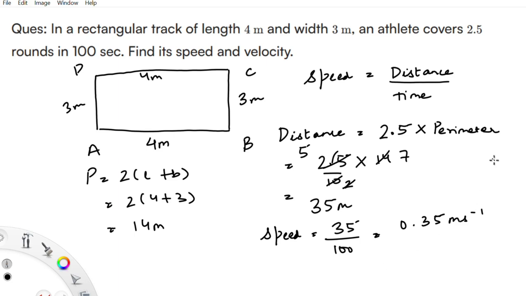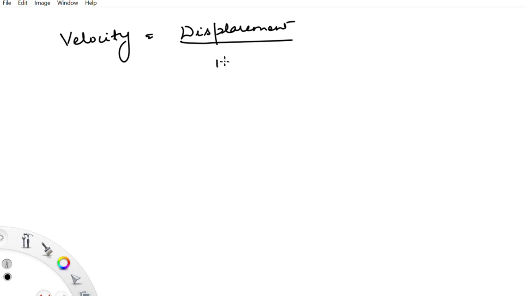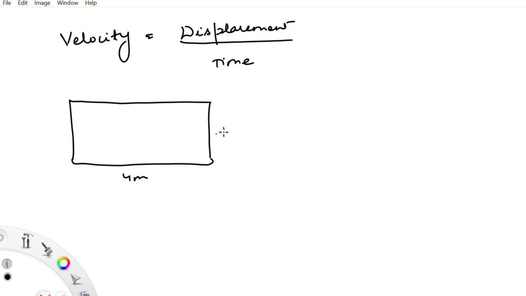Now to find the velocity of this athlete, we need to have some knowledge of displacement. So velocity is displacement upon time. Again, you have your track over here. This is 4 meter, this is 3 meter, this is again 4 meter, and this is 3 meter. So you have A, B, C, and D, and you're given that the athlete is basically covering 2.5 rounds of this track.